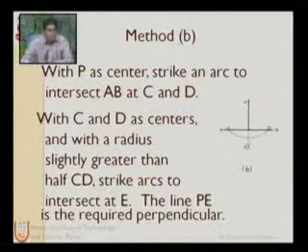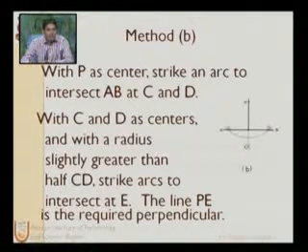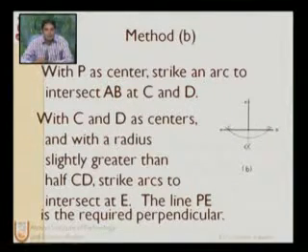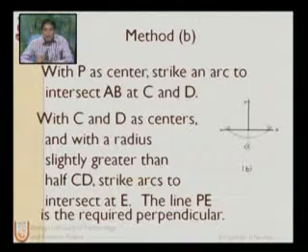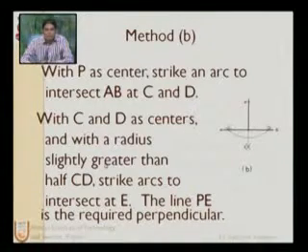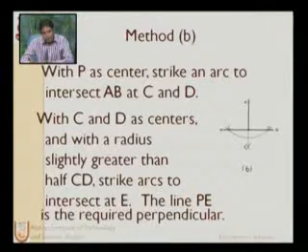So from P we need to take a suitable length of arc which should intersect the line at 2 points, represented as C and D. So with the help of a compass, with P as a center, strike an arc to intersect AB at C and D, and with C and D as centers and with a radius slightly greater than half of CD, strike arcs to intersect at E, and the line PE is the required perpendicular.